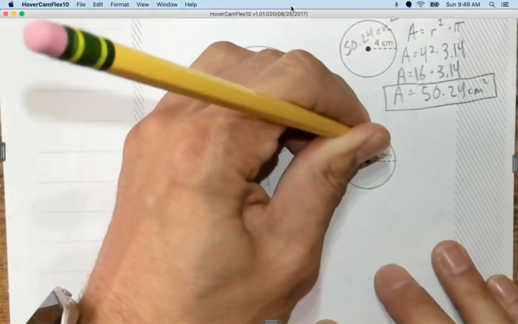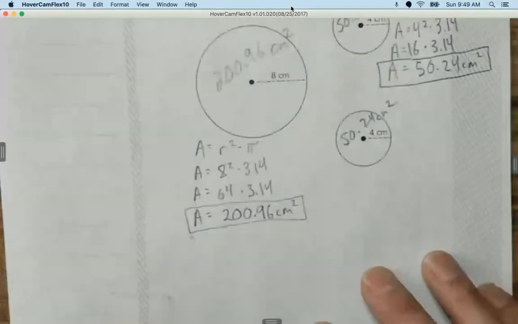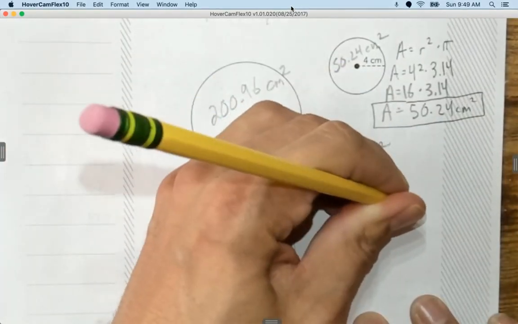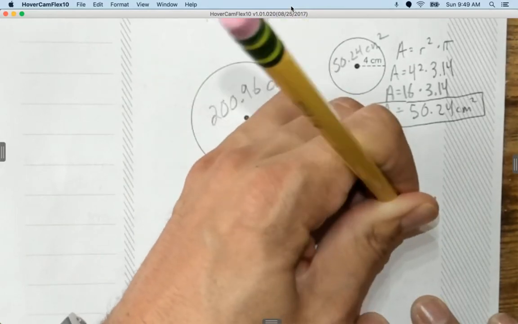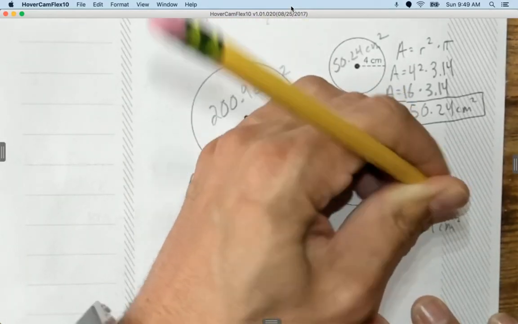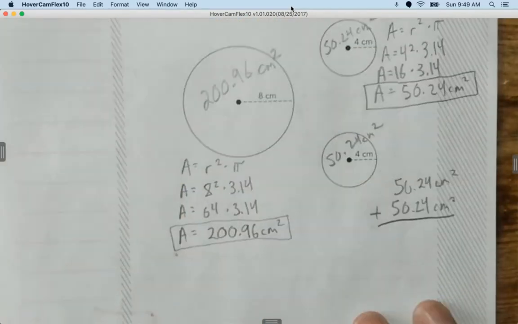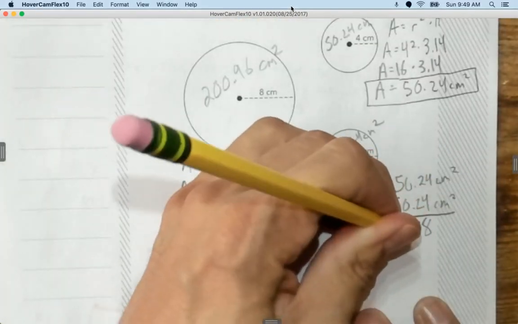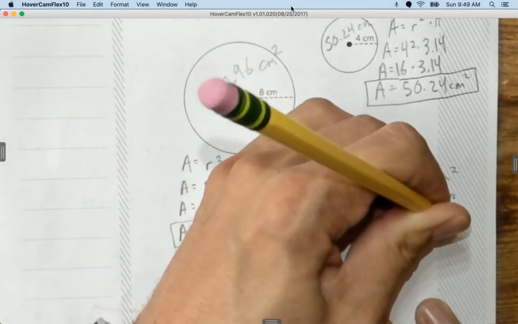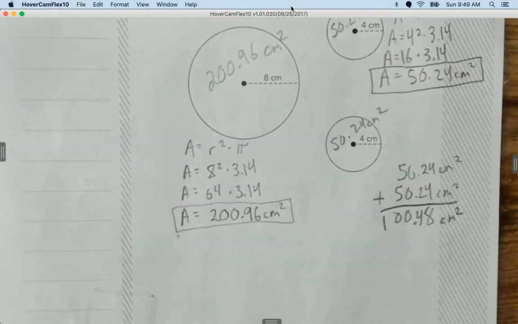Okay. If I was to add these two together, 50 and 24 hundredths and 50 and 24 hundredths centimeters squared for both of them, I would get a total area of 100.48 centimeters squared.